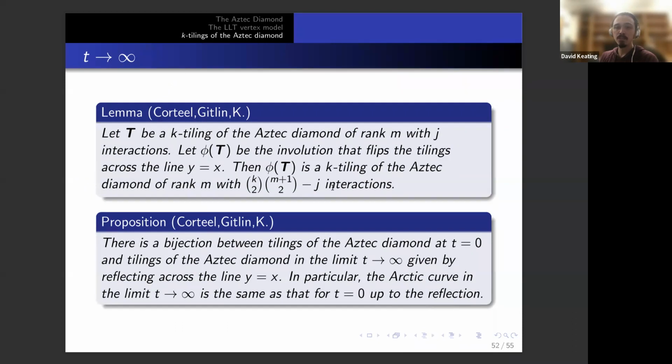If you write out what happens to the local configurations under this reflection, you can check that this is true. It's just a careful checking of how the dominoes map under the reflection. Then you can use this to say that there's a bijection between configurations when t goes to 0 and the configurations as t goes to infinity. So the configurations with no interactions will map to the configurations with maximum interaction. In particular, the Arctic curve as t goes to infinity will be the same as t equals 0 up to this reflection.